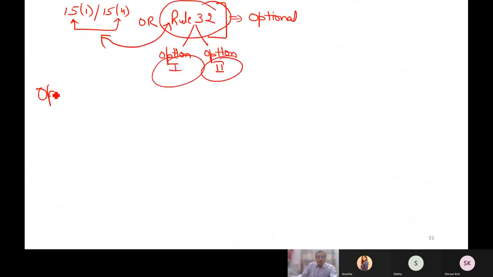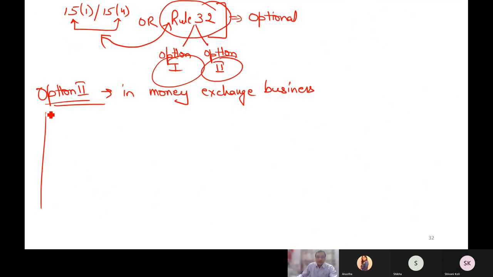So now I am discussing option 2 in money exchange business. So what is that money exchange business? Another option. Now here there are 3 different situations.